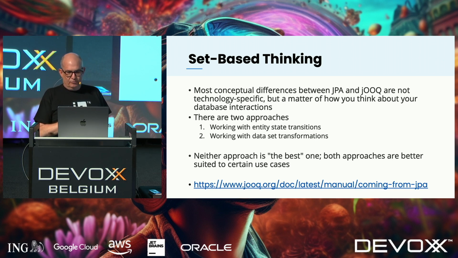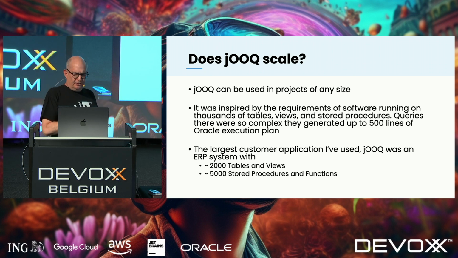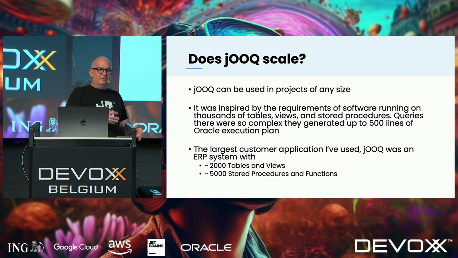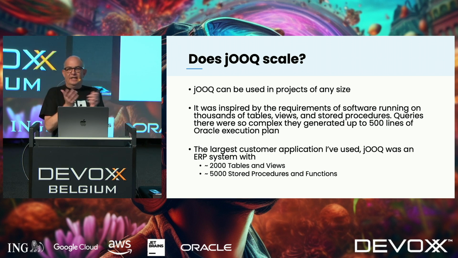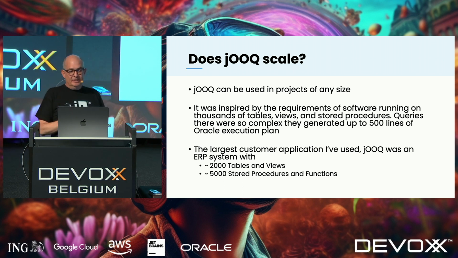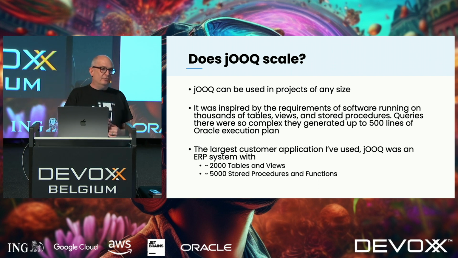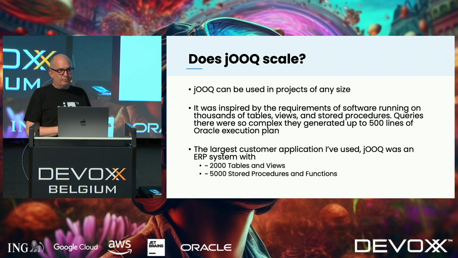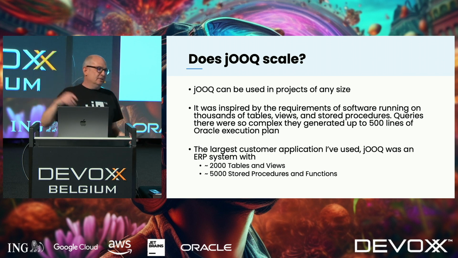how this could work. Now, one question that I often get is, does jOOQ scale? Because the examples that I will show you, also the application, are very tiny examples, with a handful of database tables. But the point is, jOOQ scales, because jOOQ is exactly made for that. jOOQ was initially created for a Swiss bank, and they had a huge database model with thousands of tables, stored procedures, and stuff like that.